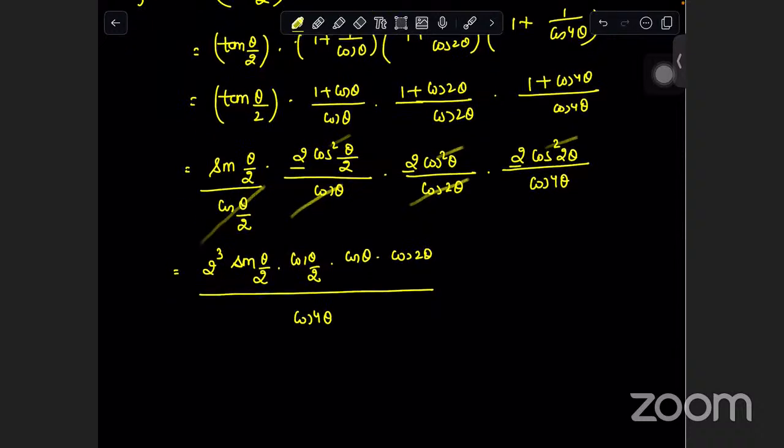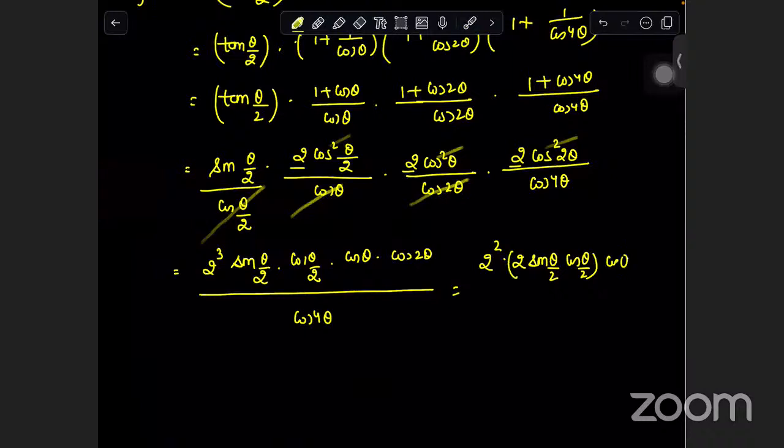Now this 2 cubed, I split into 2 squared into 2 sin(theta/2) cos(theta/2), into cos theta, cos 2 theta upon cos 4 theta. Okay, wait a moment. I'll explain it again, but first let me complete it.